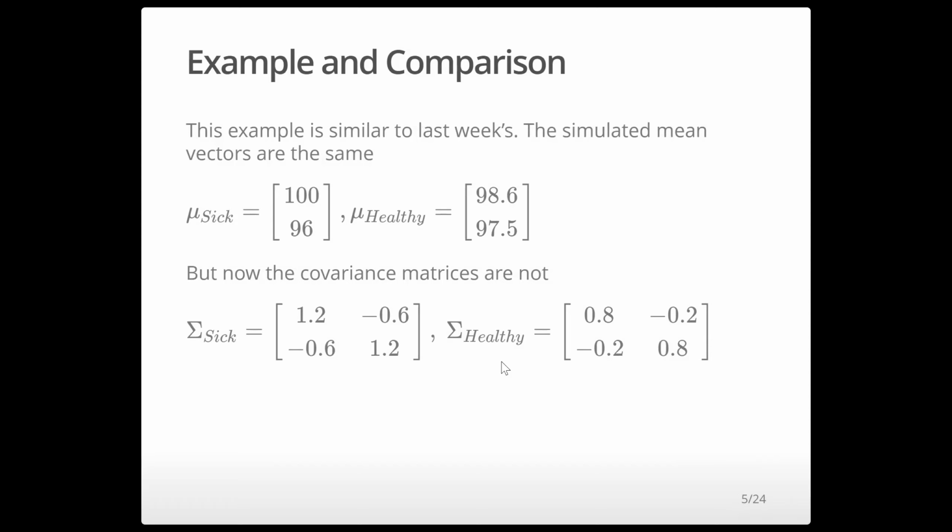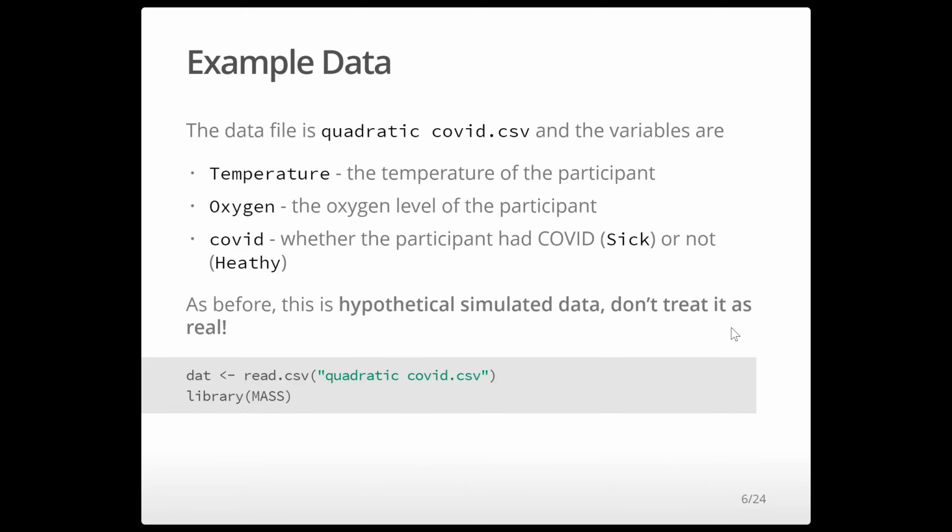The simulated parameters for people who are sick have slightly larger variances and are more highly correlated, whereas for people who are healthy, the variances in both variables are smaller and they are less correlated. This is the same structure as the data file we were looking at last week, and this is called the quadratic COVID. Just remember again, this is hypothetical simulated data. Don't treat it as real.